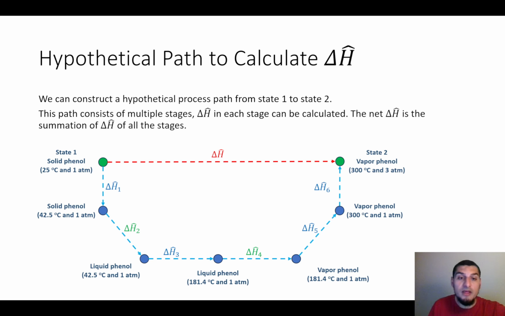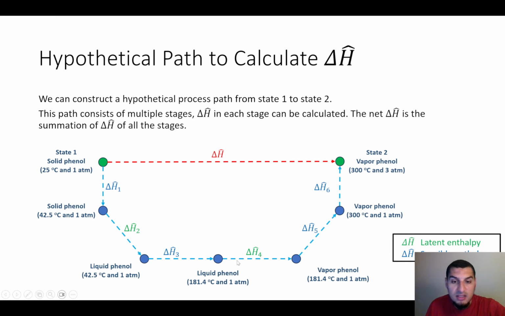And now we can tell that these green enthalpies are latent heat, the blue enthalpies are sensible heat. These blue dotted lines and all these blue circles, this is what we call the hypothetical path. We call it hypothetical path because the change could have happened in a different way. It's just a hypothetical thing. For example, you can have the path starting by changing the pressure and then changing the temperature.